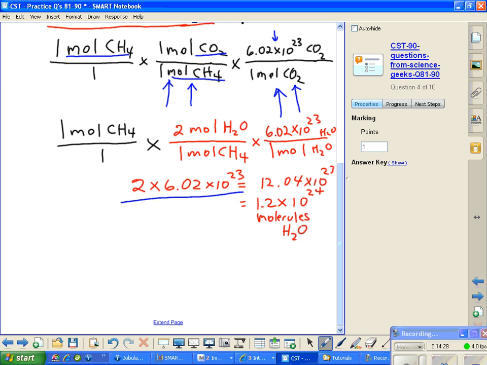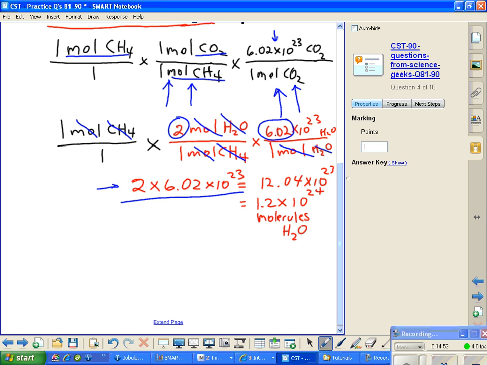I'm just multiplying by 2, because this 2 is going to be multiplied by the 6.02, but we will still have a factor of 10 to the 23rd. See, moles of water cancel, moles of methane cancel, and all we're left with is the numbers that you see that I underlined right here first.